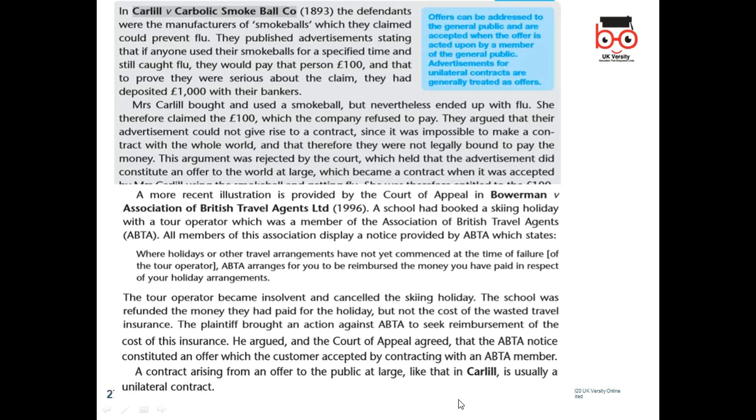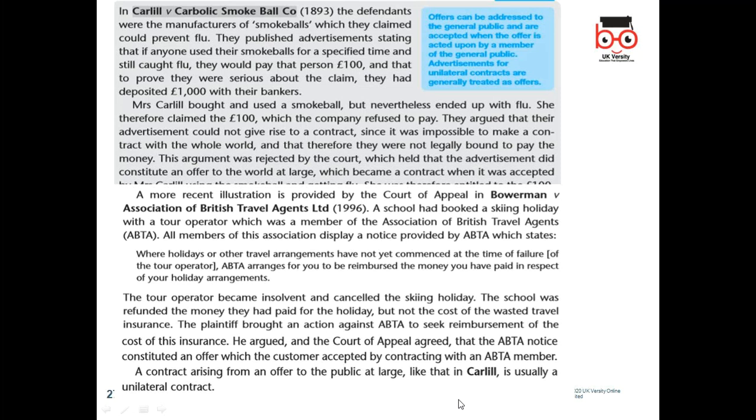They had deposited £1,000 with their banker. Later, their claim and argument was rejected by the court, which held that the advertising did not constitute an offer to the world at large, which becomes a contract when it was accepted.